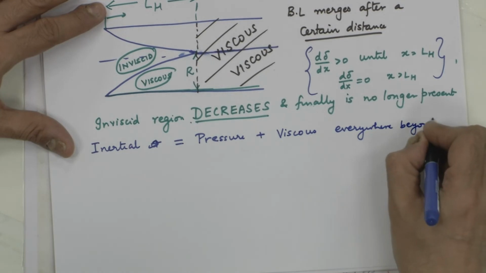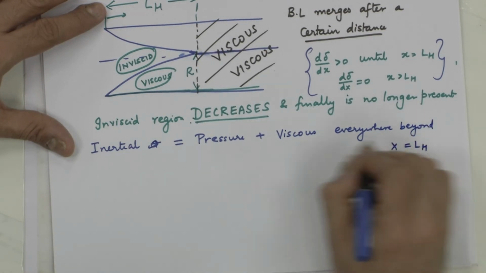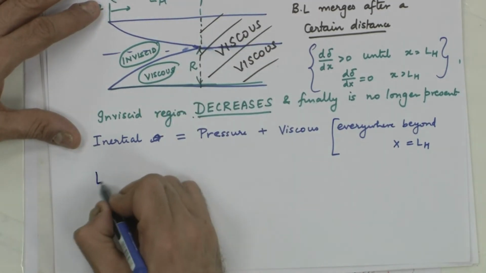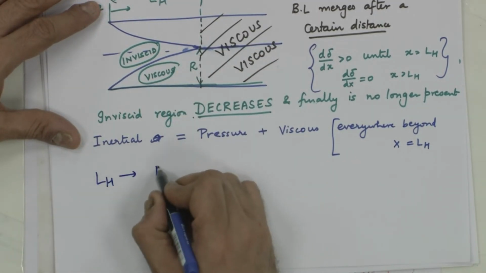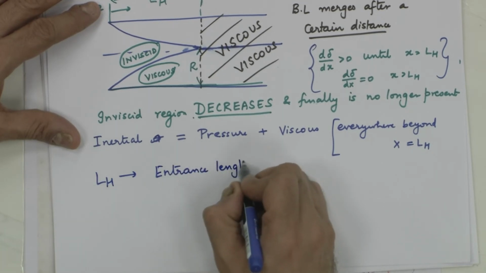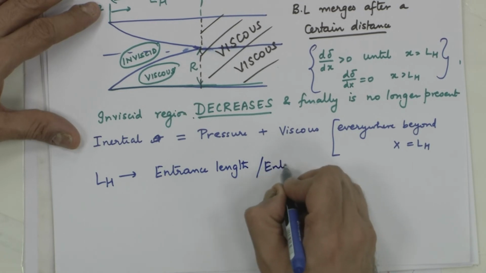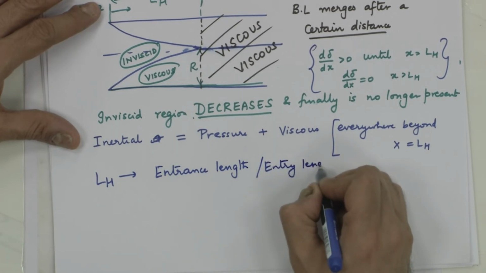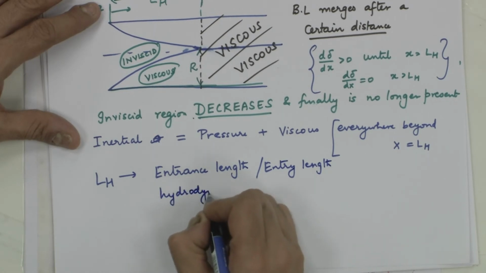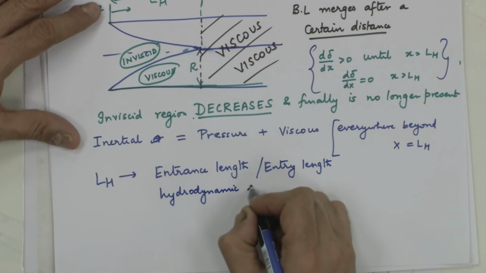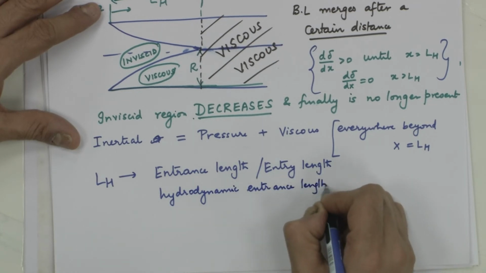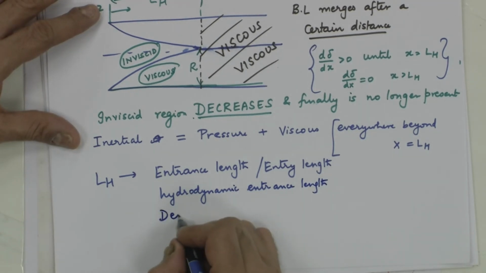Beyond x equal to L_H, this location where the boundary layers merge is called the entrance length, entry length, hydrodynamic entry length, developing flow.